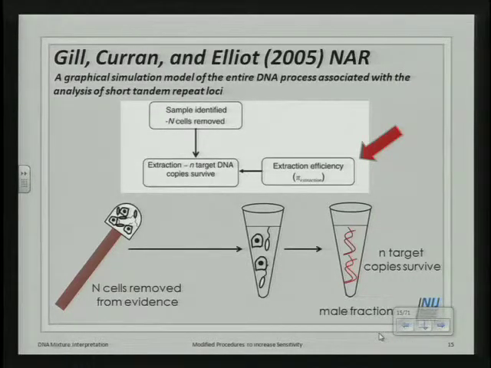From the very start, when you collect the sample, you're only collecting N number of cells. Often you're not collecting the entire complement of DNA from the stain, so you're only taking a subset of DNA from the stain to begin with on your swab. And then when you go to extract, the extraction efficiency is definitely not 100%. So of that portion that you collected, the big N, you get a little n of how much target DNA or copies survived the extraction process.